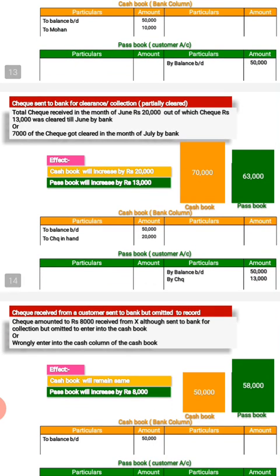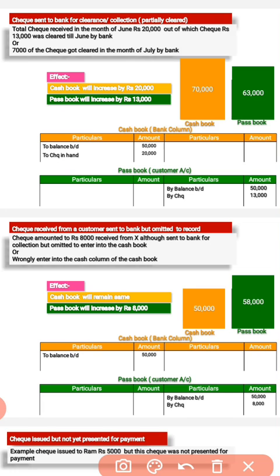Now next reason is check received from a customer and sent to bank but omitted to be recorded in our cash book. We receive a check from a customer and send it to bank for collection but omit to record it in our cash book. For example, check amounting to rupees 8,000 received from X, sent to bank for collection but omitted to be recorded in the cash book.